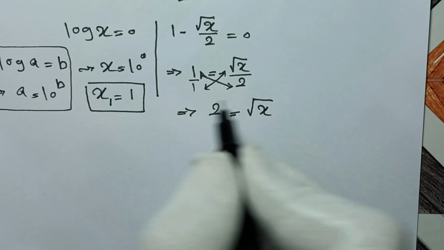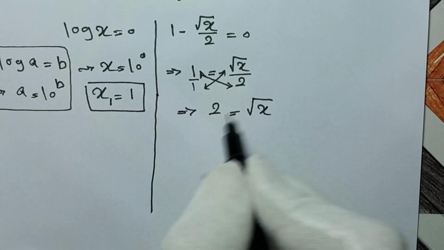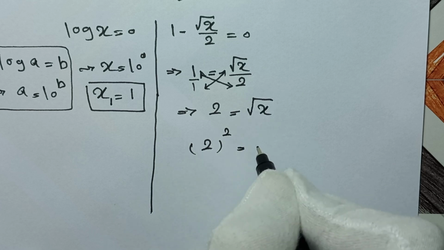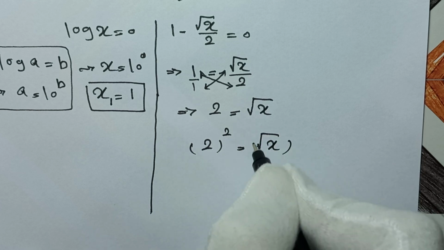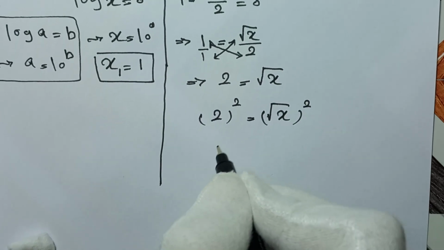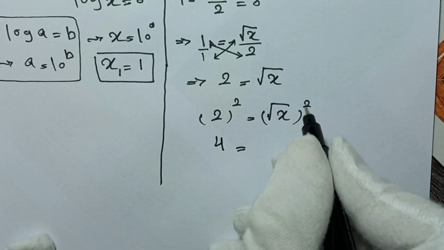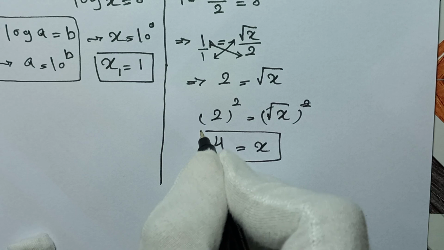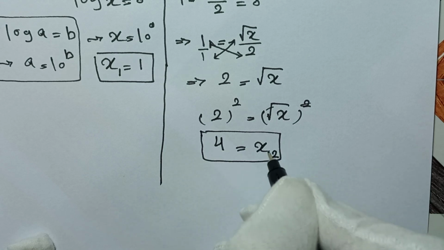And next step, we square both sides of the equation, so it will be 2 to the power of 2 equals square root of x to the power of 2, and it will be 4 equals x, as this cancels this. So we write this as x2 equals 4.